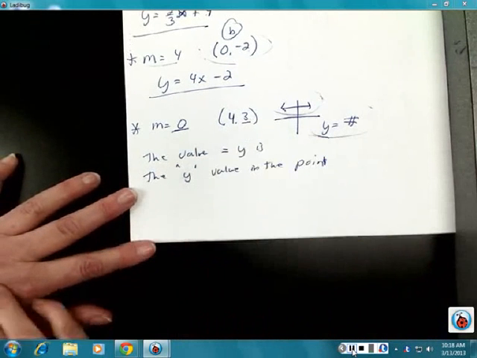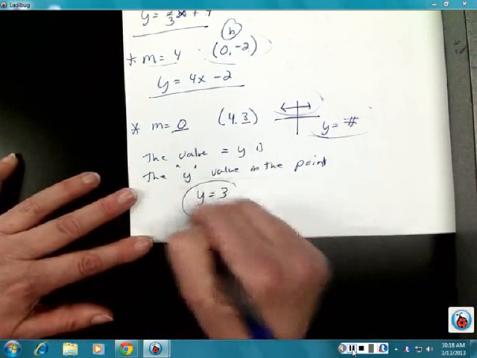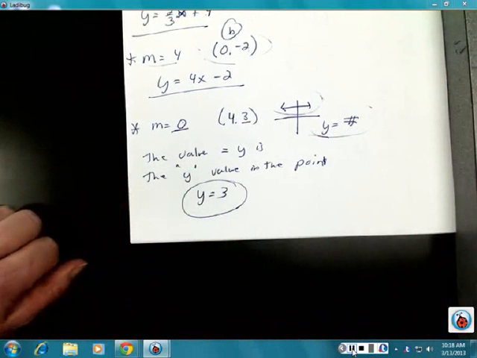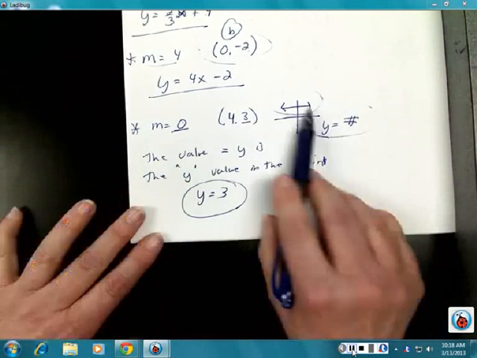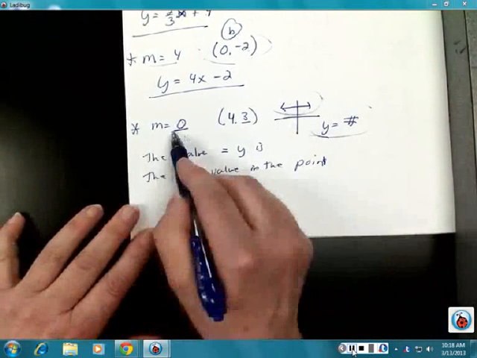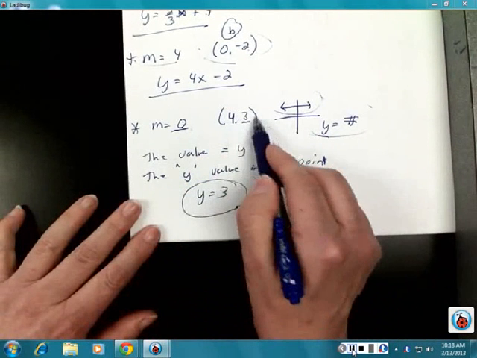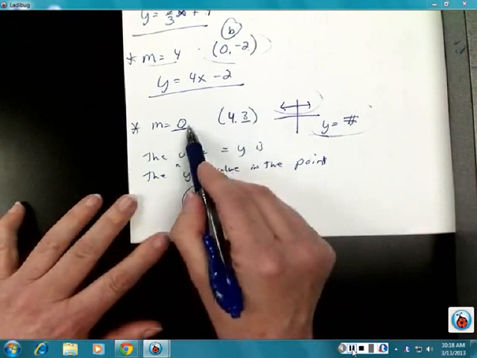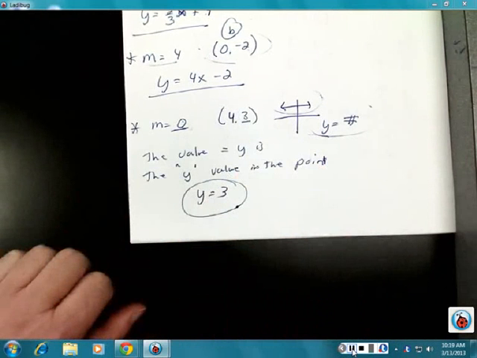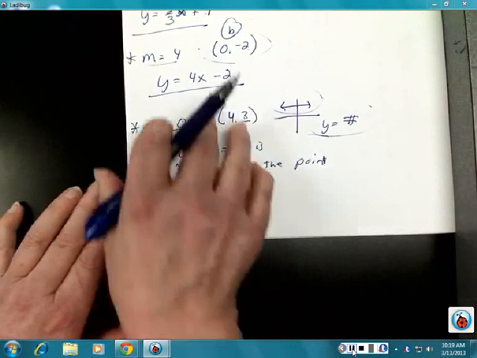It's 3, and because my slope is 0, my equation is simply y equals 3. So I have no real math to do. I just have to understand what they're asking me for. If the slope is 0, you look to the y portion in the point to give you the equation of your line.